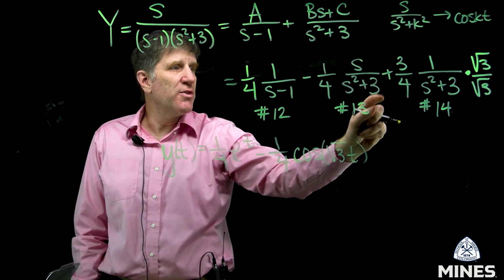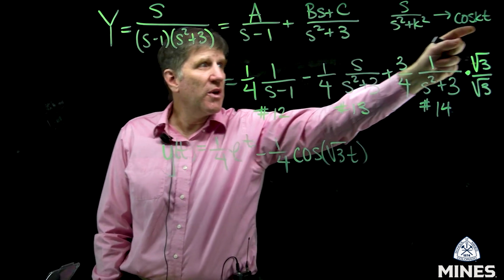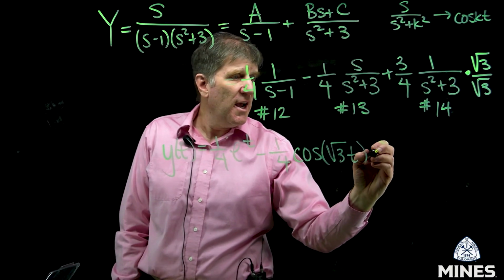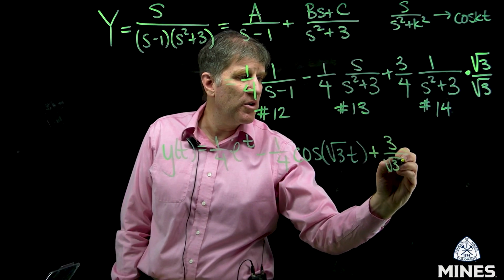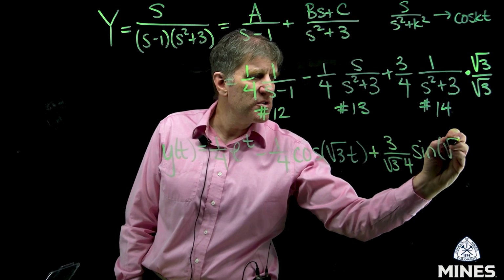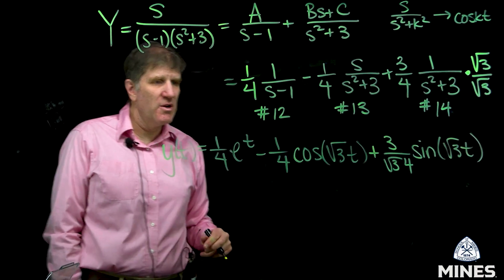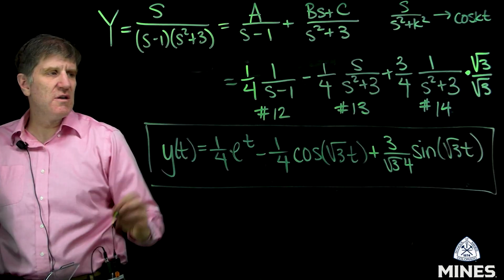So we have a 3 here, which is the k squared. So k is the square root of 3. So the cosine is the square root of 3t. And then I have plus 3 over 4 times the square root of 3, times the sine of the square root of 3t. I could simplify this fraction a little bit, but I don't need to. This is the inverse Laplace transform.